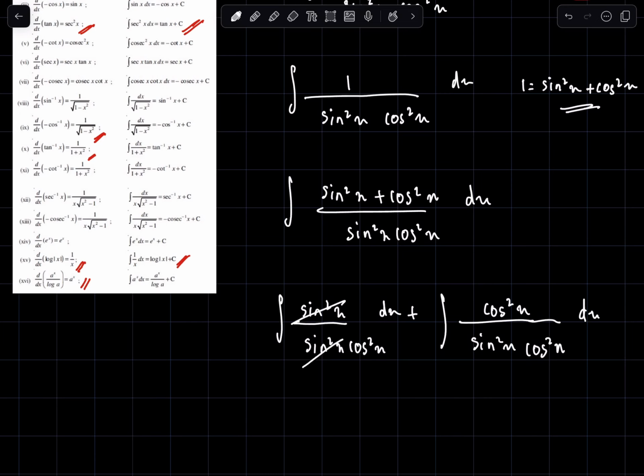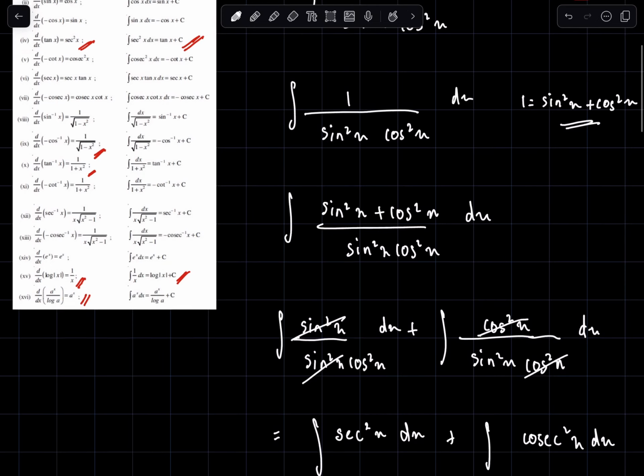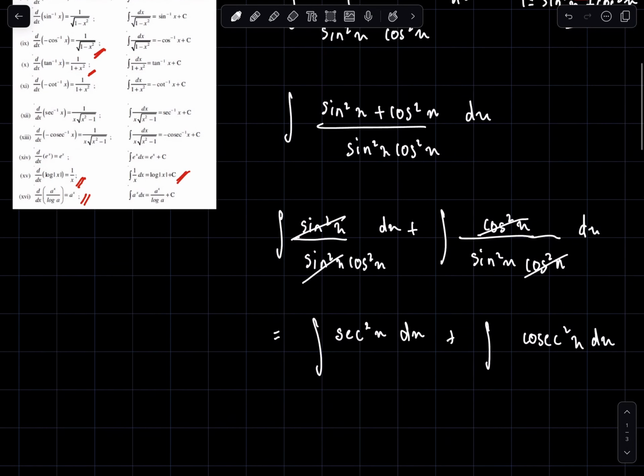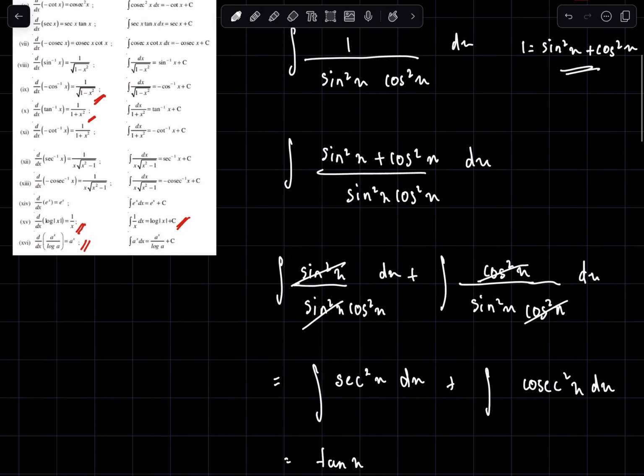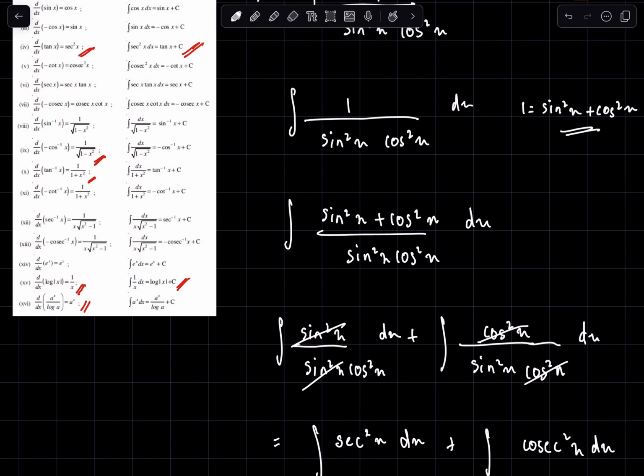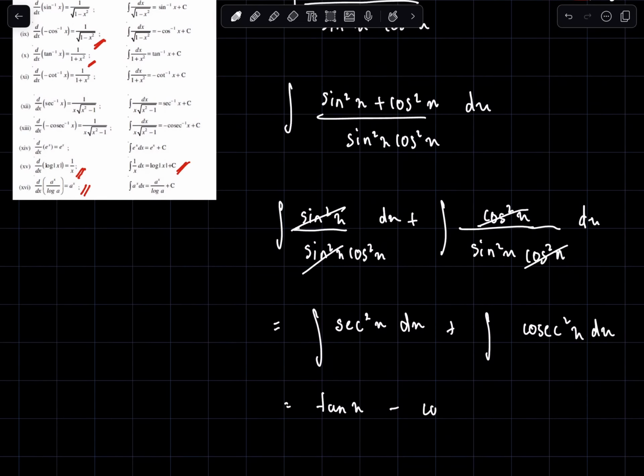This is simple. Okay, so 1 over cos square is secant square x dx, integrate, plus integral of cosecant square x dx. So do we have the integral of secant square? Yes, which is tan x. And what is the integral of cosecant square is minus cot x. So we have tan x minus cot x plus c.